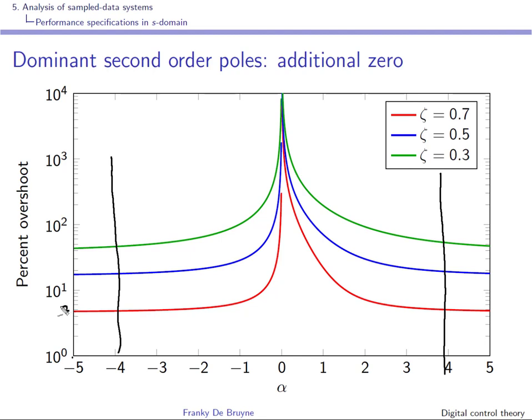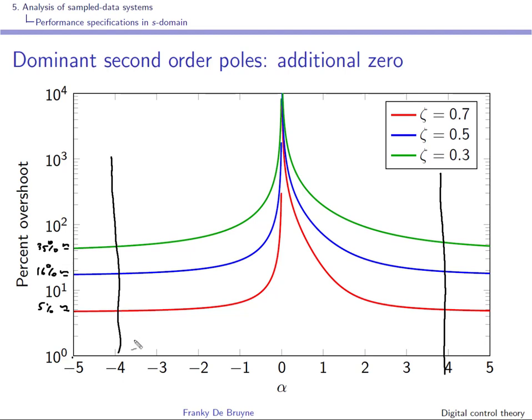So this is approximately 5%. Zeta is 0.5, we have seen this is approximately 16%. And with zeta equal to 0.3, this is approximately 35% overshoot.